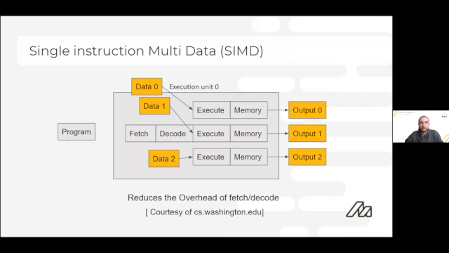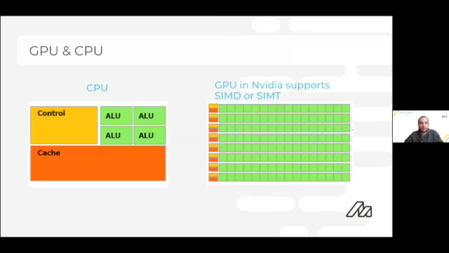So for example, we have an instruction, and our execution unit takes that single instruction, or single program in the case of SPMD, and then loads different data, data 0, data 1, and data 2, and then outputs the results of the operation in parallel to each other. So that's the paradigm that we are going to use when we want to solve the data-intensive problems.